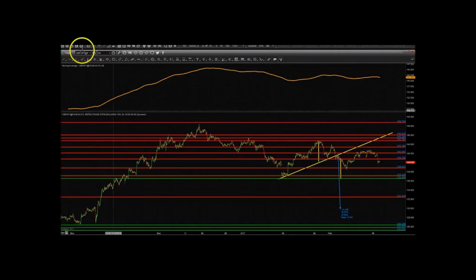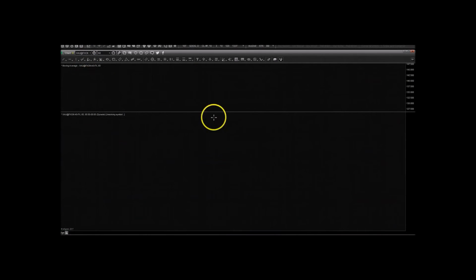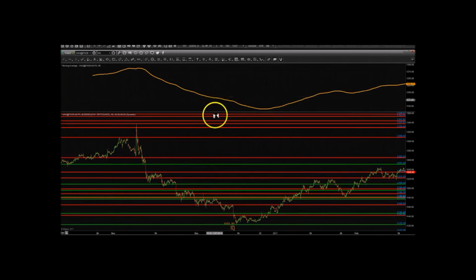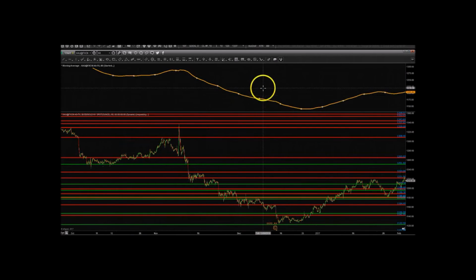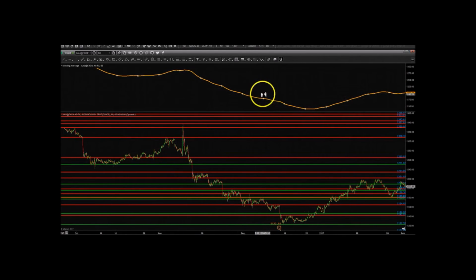And I don't know why that moved. And anyway, let's go look at gold. Gold looks pretty interesting for a sell. And I don't want my 200 moving average up there. Don't know what happened there.